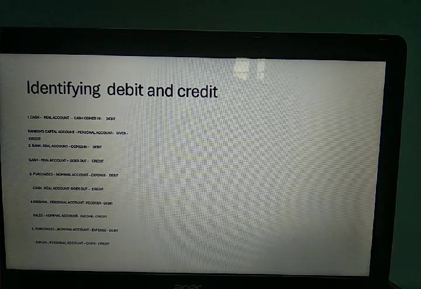Another important thing is that both sides may not be the same account, they may be different accounts. Then the golden rules will apply. Real account: what comes in, what goes out. Personal account: receiver, giver. And nominal account: expense, loss, income and gains. So you have to identify it.